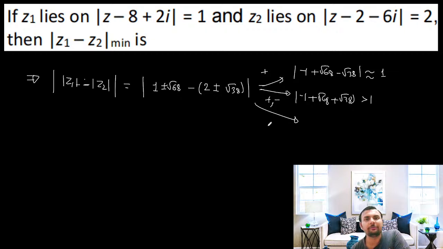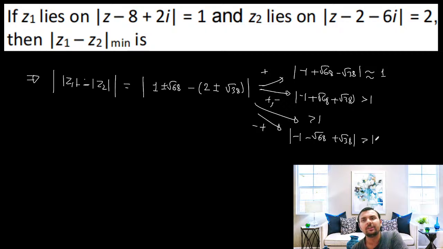Now we have both plus, both minus. Both minus is going to be more than 1 again. And first minus, second plus: this is going to be minus 1 minus root 68 plus root 38.